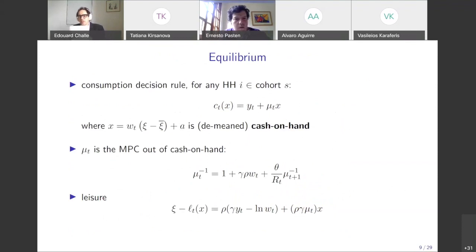You could think of a pure Blanchard-Yaari version of the model without idiosyncratic risk. You would have exactly the same consumption function, but there would be no dispersion in X. Usually the Blanchard-Yaari model has CRRA utility.